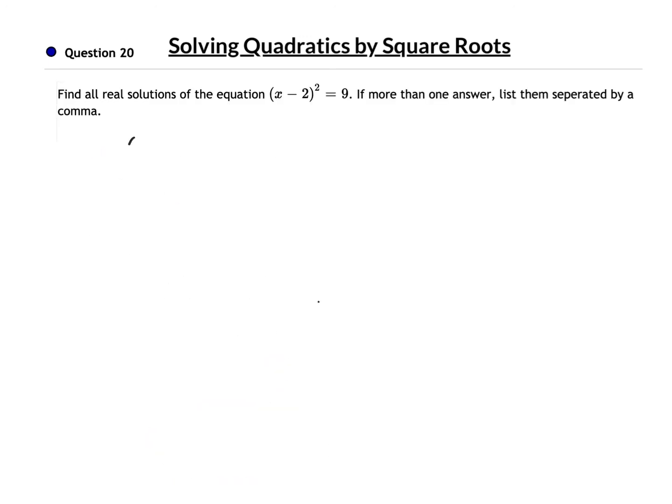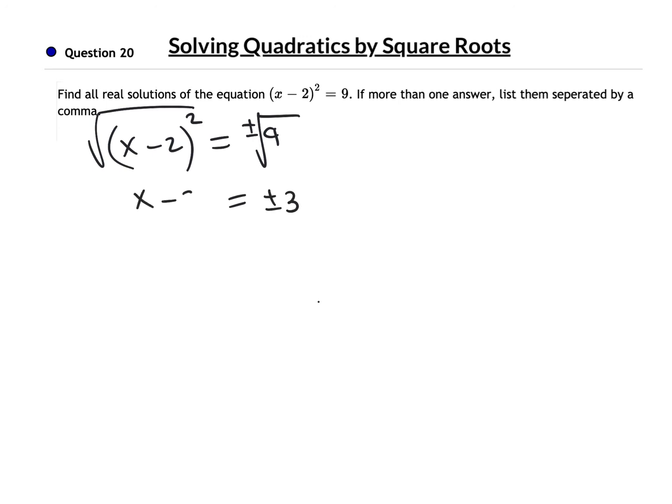Question 20. X minus 2 quantity squared equals 9. We'll square root both sides and put our plus or minus in front. Square root of 9 is 3. We get plus or minus 3. X minus 2 equals plus or minus 3. Add 2 to both sides and pop that in front. X equals 2 plus or minus 3.